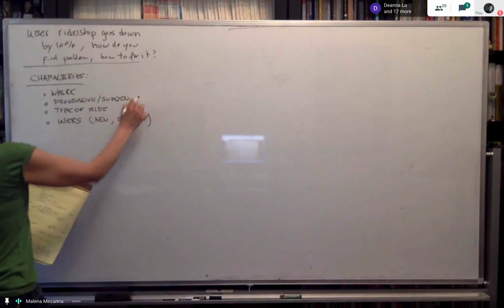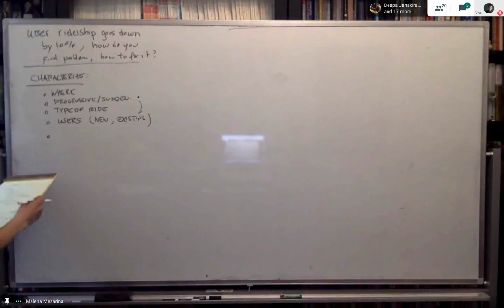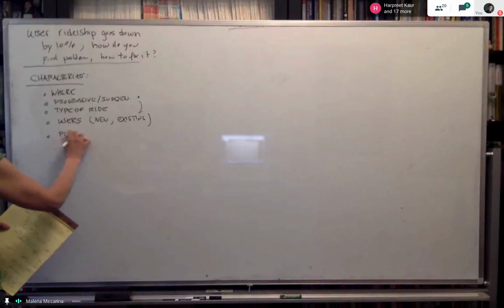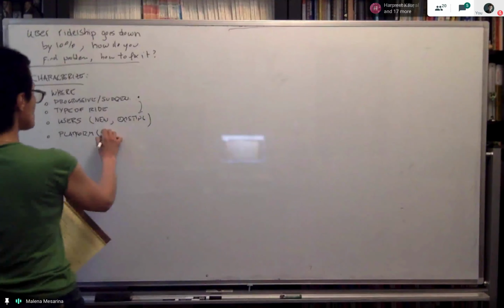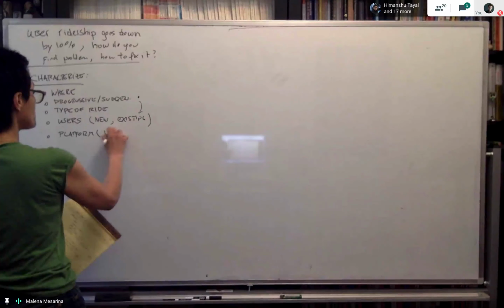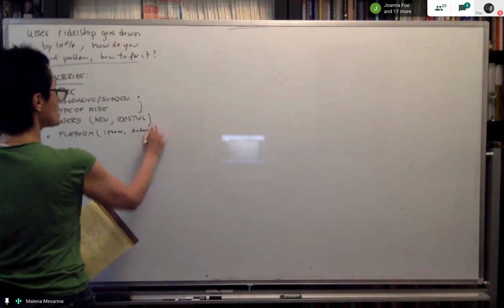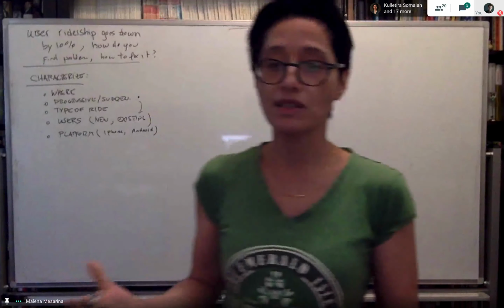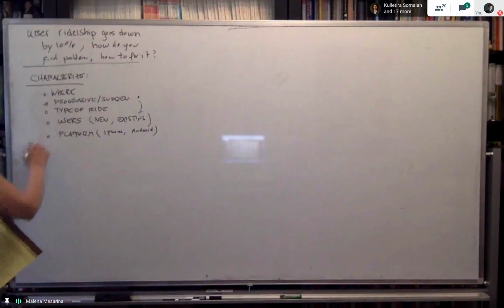Once you get an answer from here, you can guess this one. The other one is on what platform we are seeing this. Is this specific to some operating system, iPhone or Android? Because if it's only iPhone, it may have to do with some update on that operating system. So the first thing is characterize.